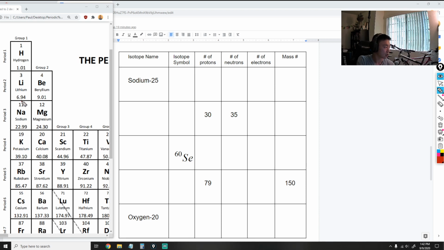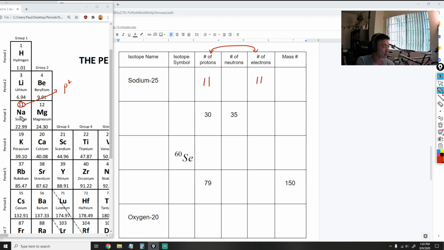So when you find sodium, you notice that the number on top is 11. We said that this is the number of protons, so we're going to put 11 right here. Okay, we said today that all the elements are going to be neutral, so that means that protons and electrons are going to be the same. So it's going to be 11.